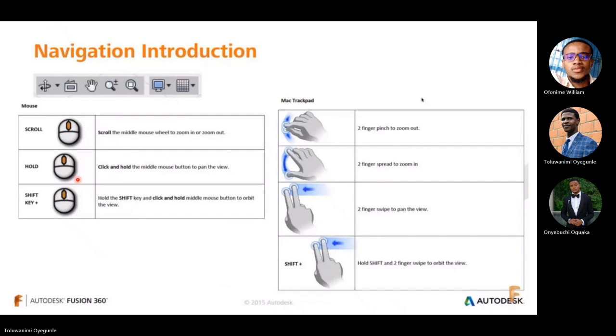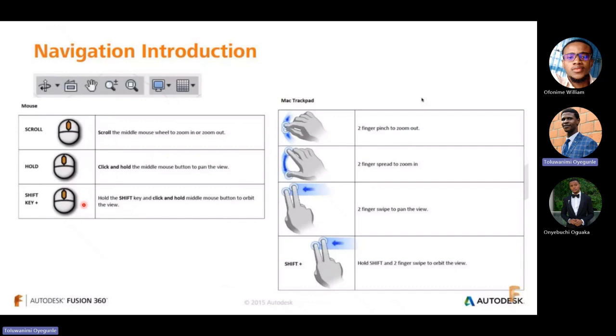You have your 3 buttons: the right and the left mouse button and the middle mouse button. The scroll function to zoom in and out can be done with the middle mouse button. That's this one that you see here. And if you want to pan, you can also hold it down and move it around the screen. All that will be done in the practical aspect once we begin to explore the software proper.